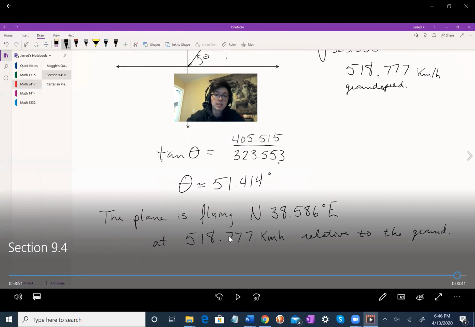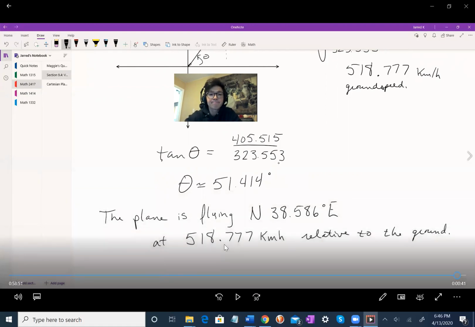Okay. So this is an example of a vector application problem. Remember, there's a lot of graphing, showing how two vectors add to give you a new one. Remember, adding vectors is you take the horizontal components and add them together. You take the vertical components and add them together. We can use SOHCAHTOA to find those components.